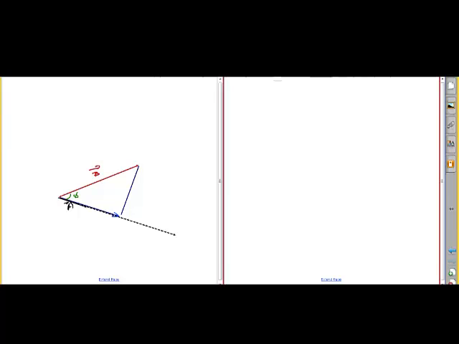Now let's say vector A goes this way again. So this is vector A. Vector B goes this direction. So what is A dot B? What you do there is extend vector A, but in the opposite direction. So it goes like that. Again, it's in the same direction, and it can extend both this way or that way.